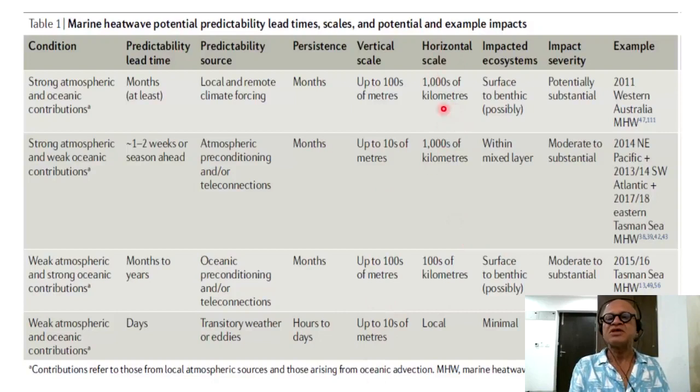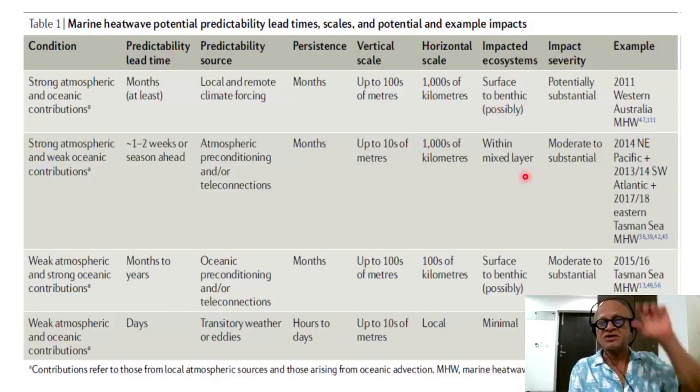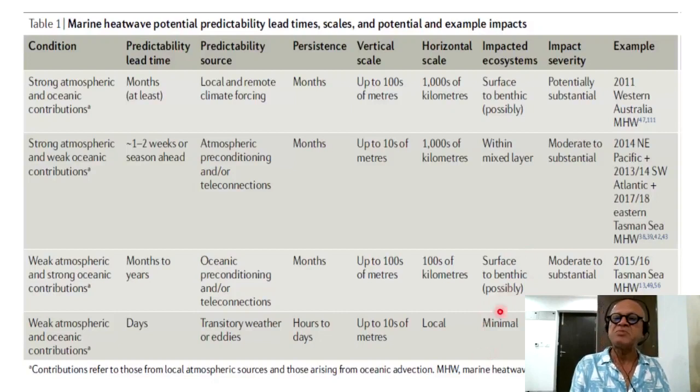Horizontal scales can be thousands of kilometers, or hundreds of kilometers, or very local. And impacted ecosystems can be surface or benthic, within the mixed layer, the upper layer where there is often photosynthesis happening, surface to benthic, and minimal here.